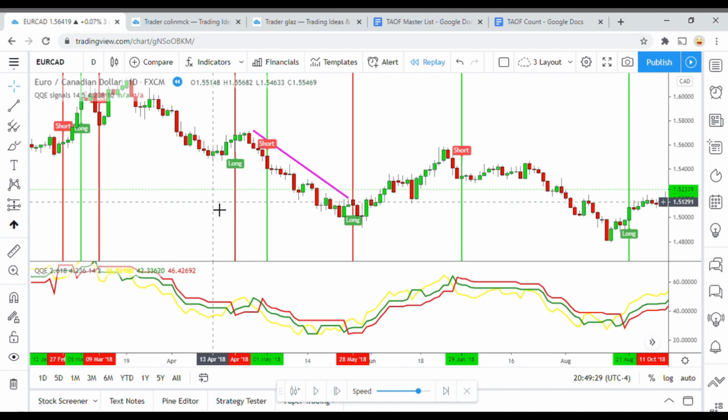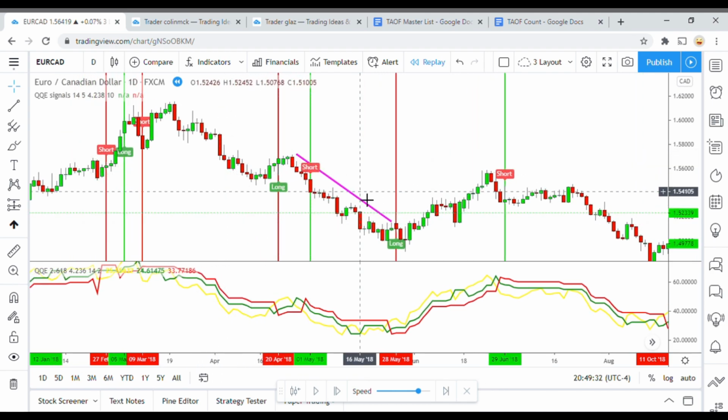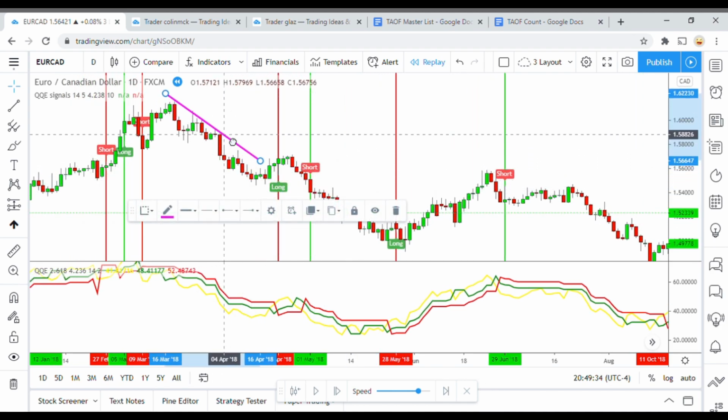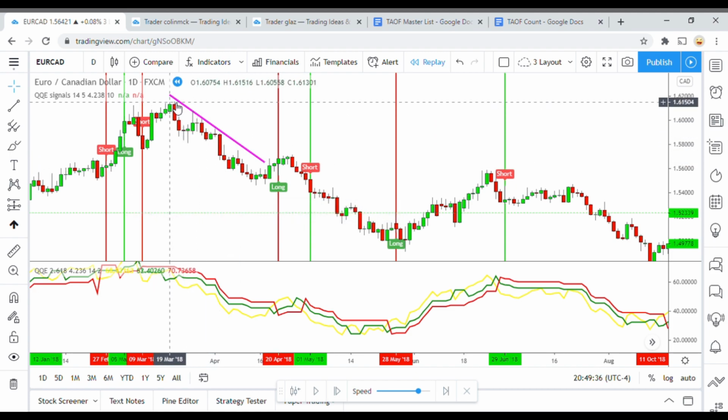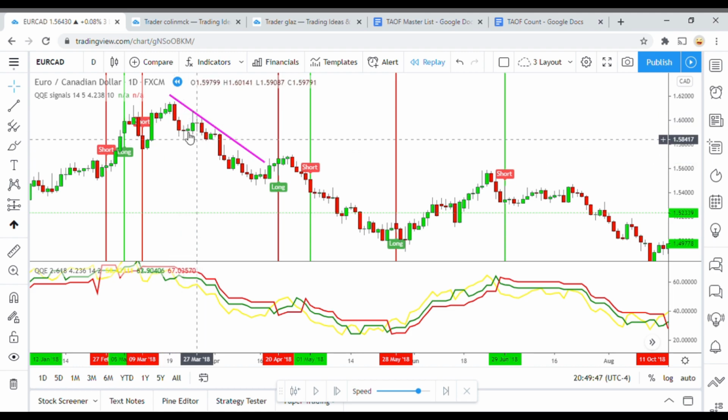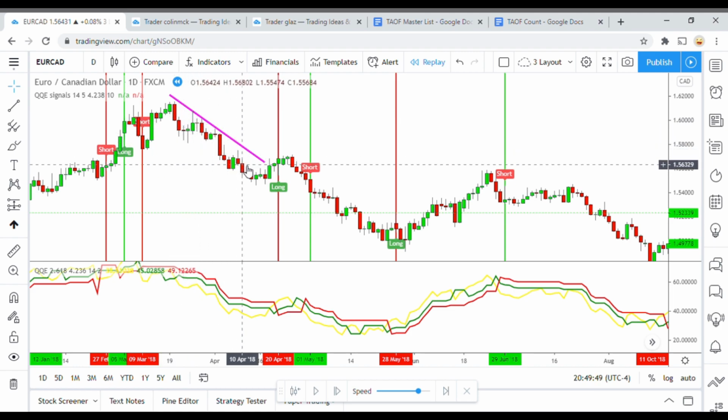And so yeah, again, sometimes it calls a little prematurely, but again, let's say you were in on this trade right here. Obviously, you didn't quite catch it because it called it too soon over here on this side, but let's say you did catch it up here towards the top and you rode this down.